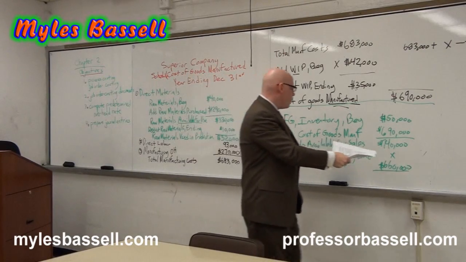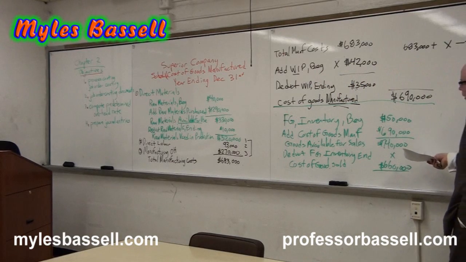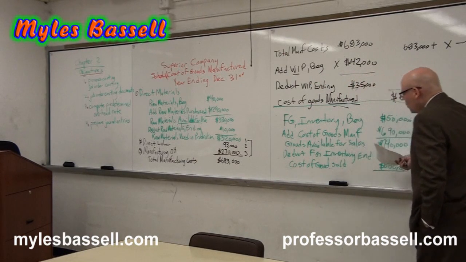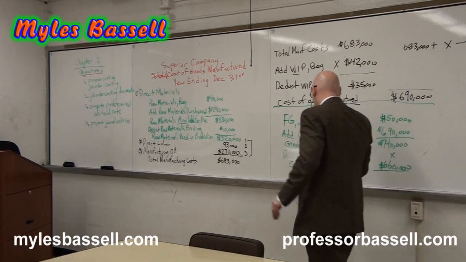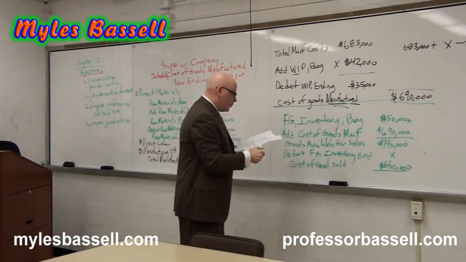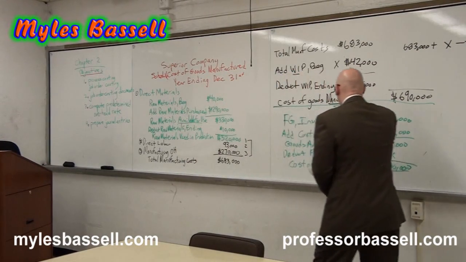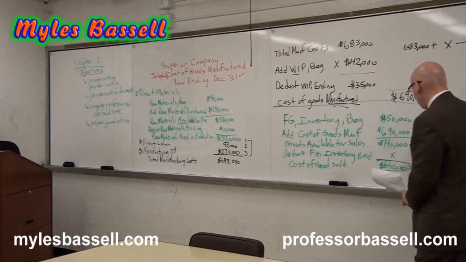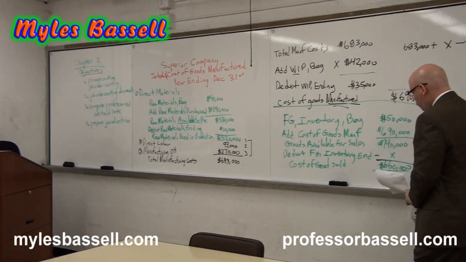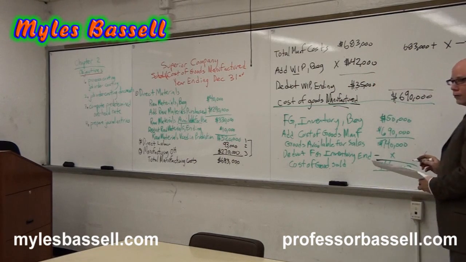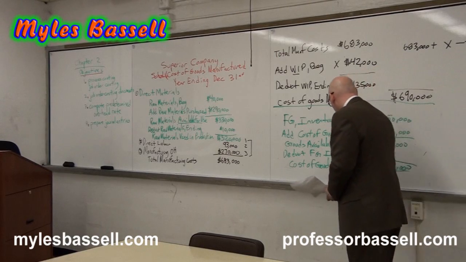So here they told us the cost of goods sold was $660,000, but they don't tell us what the finished good ending inventory is. But that's something that we could calculate. So how do we figure that out? 740 minus 60. So it says the goods available for sale is $740,000. From that, we subtract the finished good inventory, and that gives us the cost of goods sold. So that means it's $80,000.